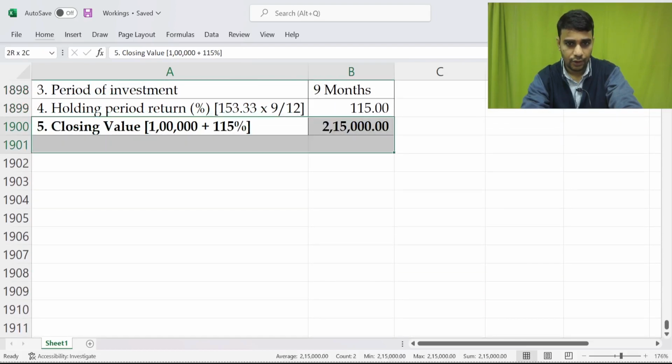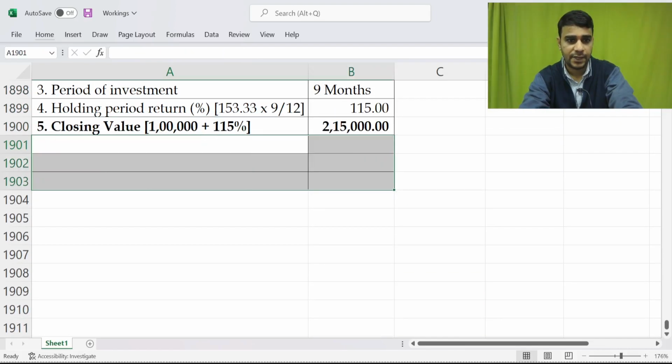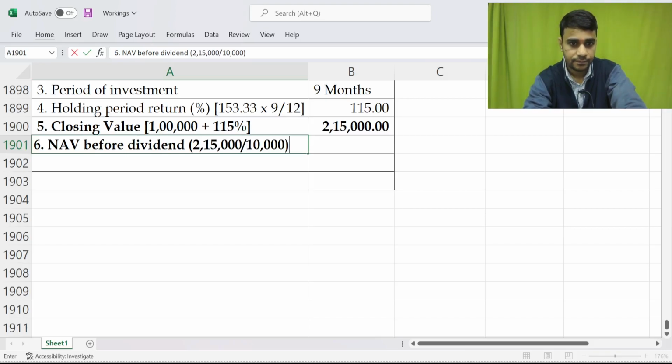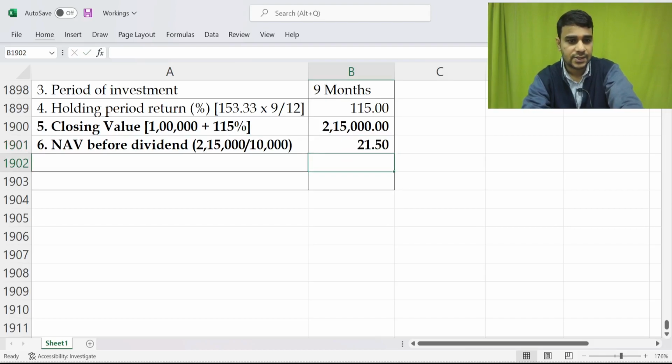Now, if you have left space here, you can write this. In exam, this alone is needed. NAV before dividend: 2,15,000 divided by 10,000. The chart was just for your understanding.